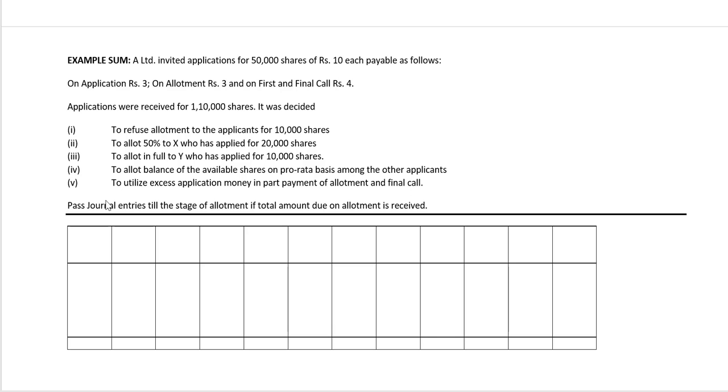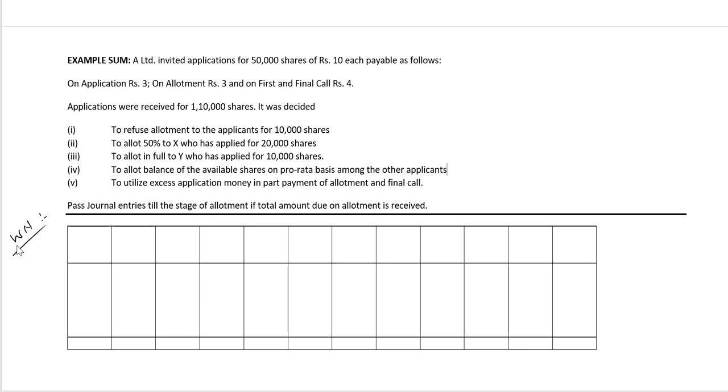And the fifth point, to utilize excess application money in part payment of allotment and final call. We are asked to pass the journal entries till the stage of allotment if the total amount due on allotment is received. So we'll begin with the working notes.